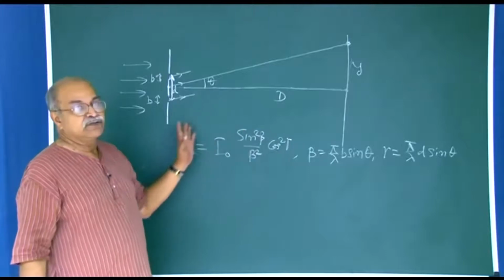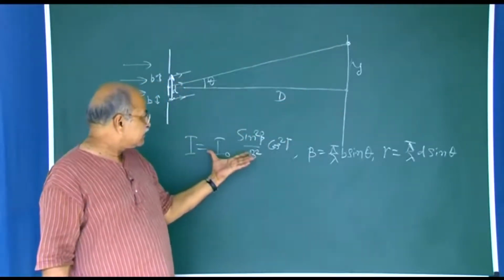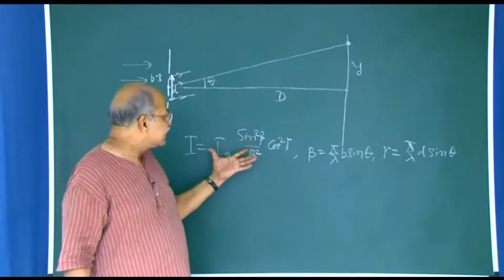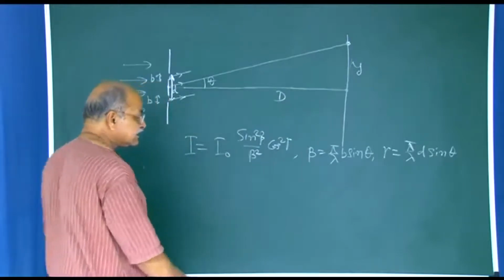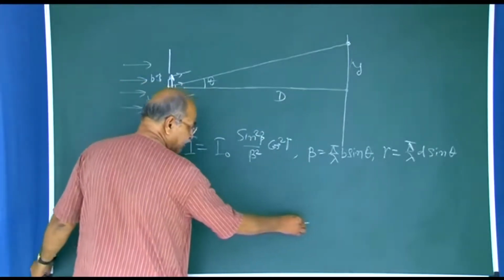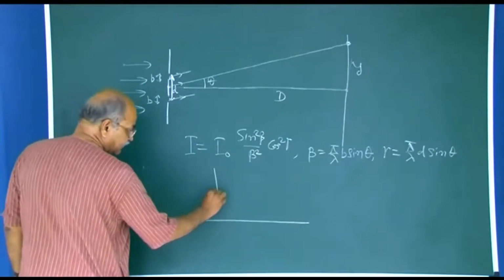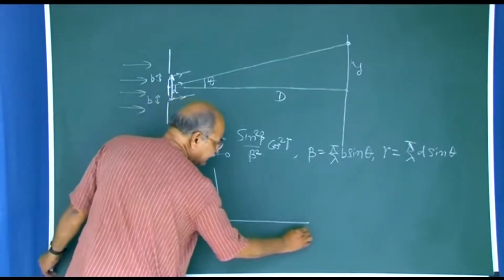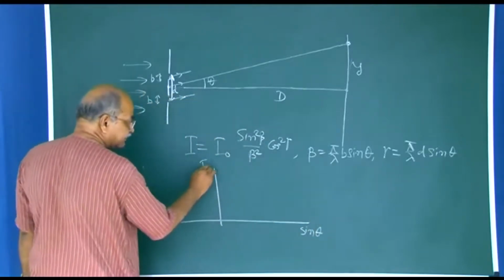And how does this look? If I look at the intensity, what does this equation tell us? What kind of intensity variation is there? Once again, if you make a plot, here you write sine theta, and here you write intensity.